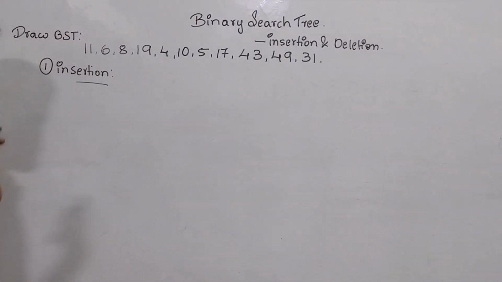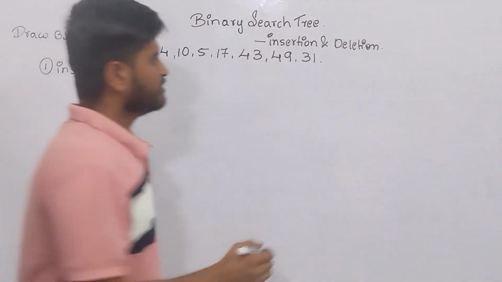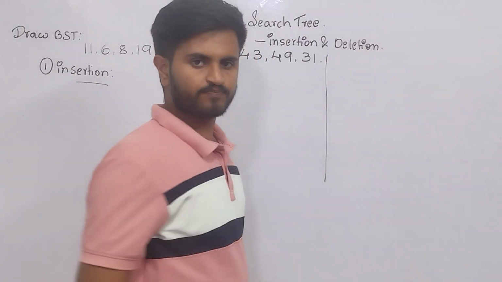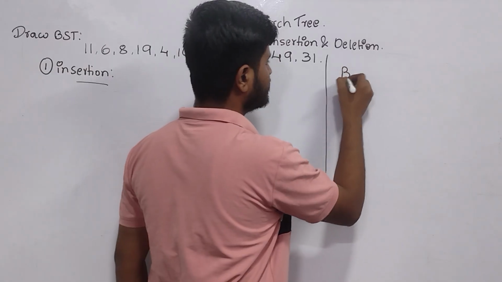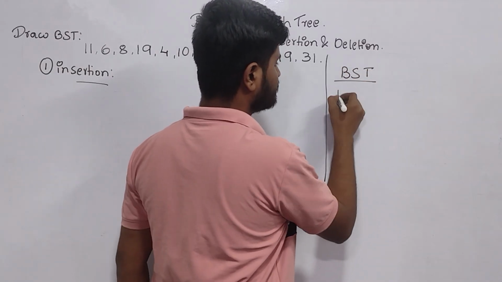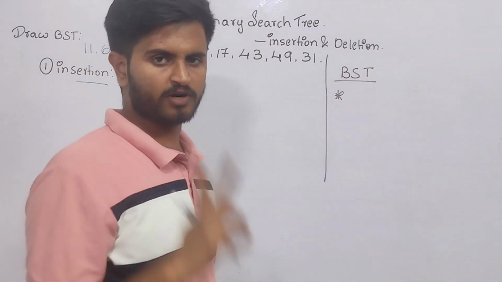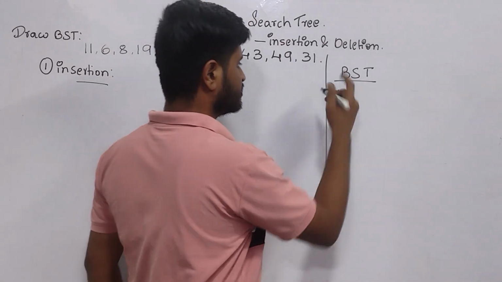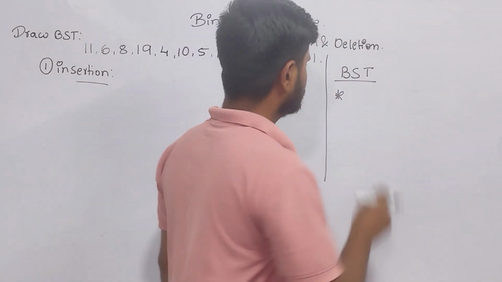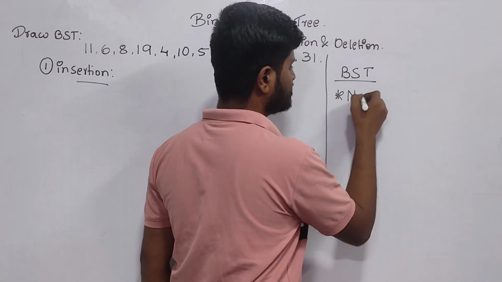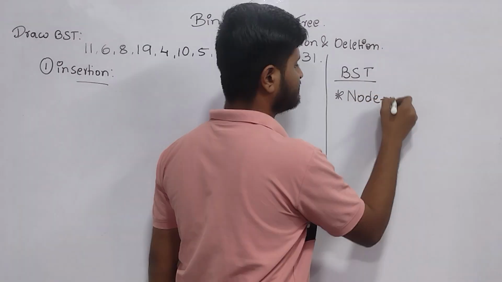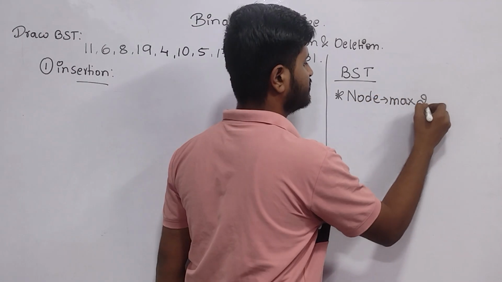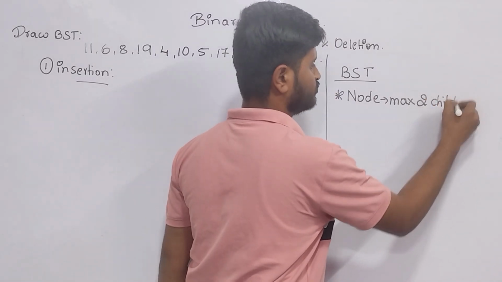Now, how will we insert the values? If you look at the binary search tree, it has two important aspects. The first one: each node can have a maximum of two children.